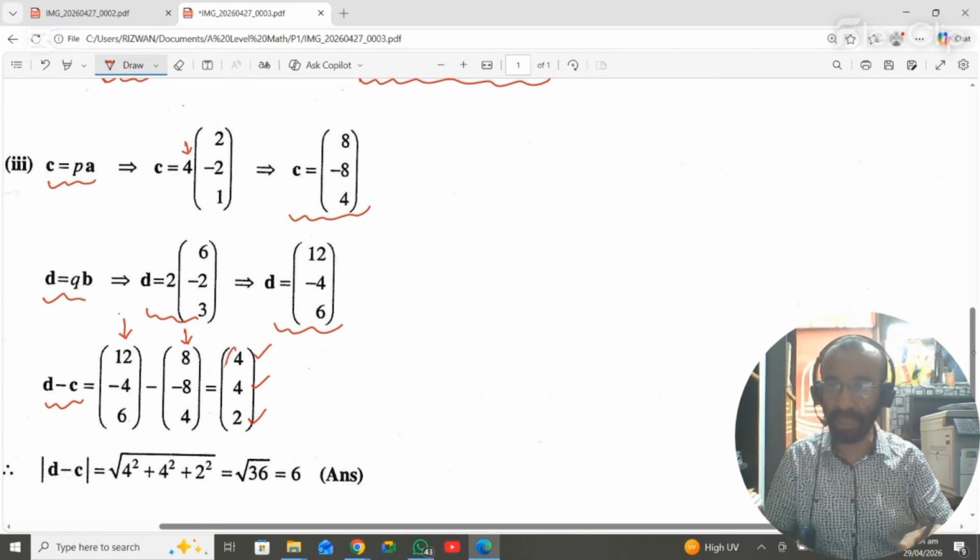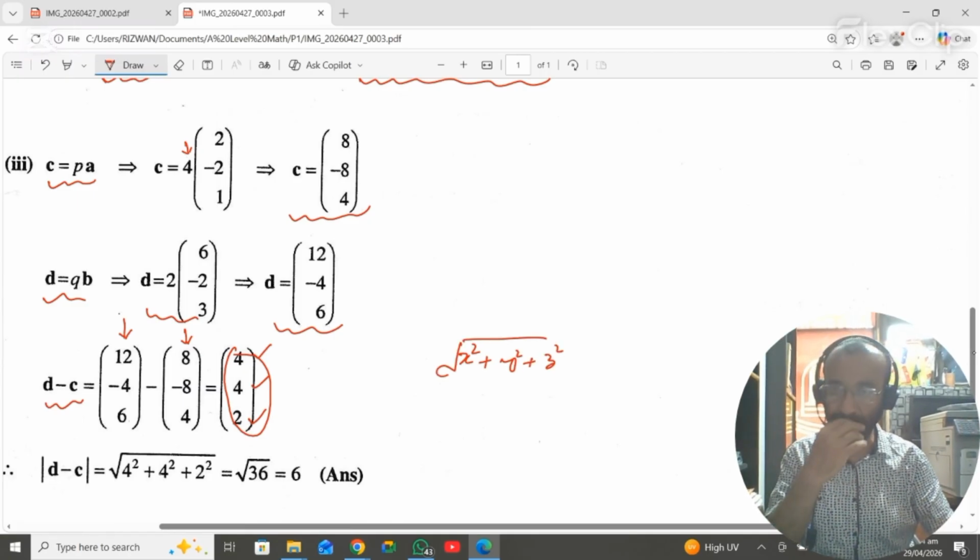So this is the vector whose magnitude is going to be found. The formula is the square root of x squared plus y squared plus z squared. We apply the values into the formula, and this is the value of the magnitude of d minus c.